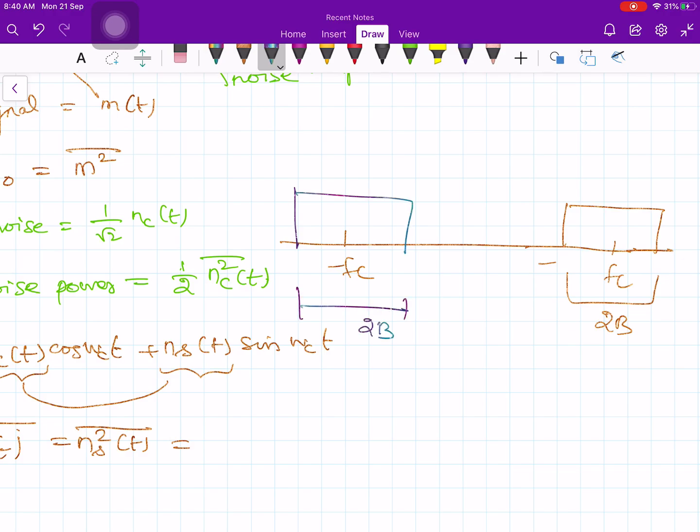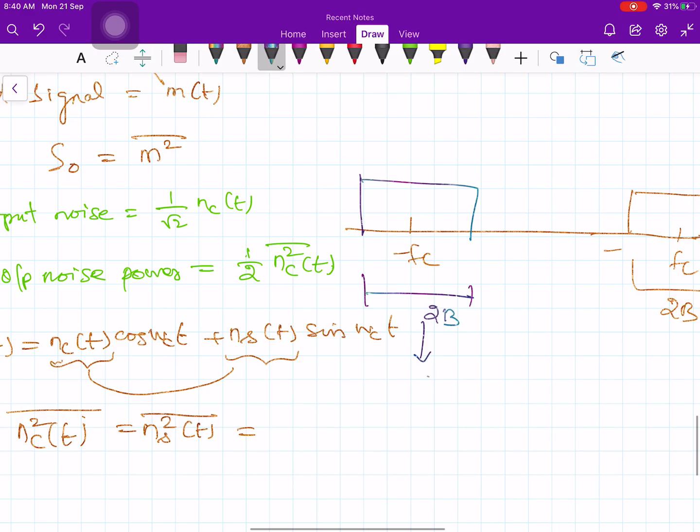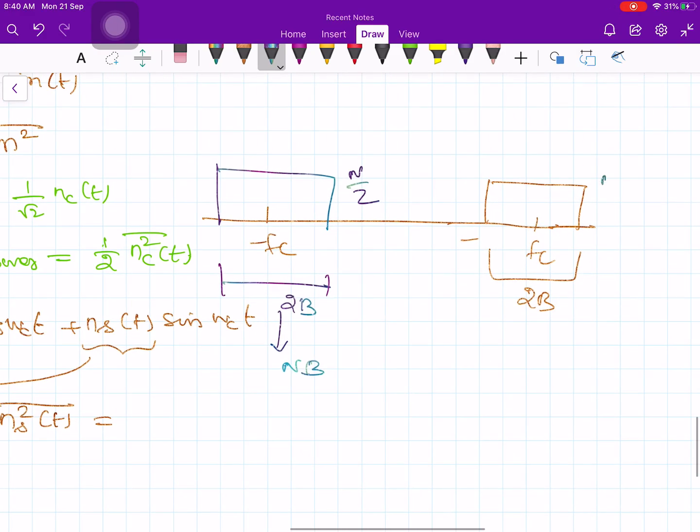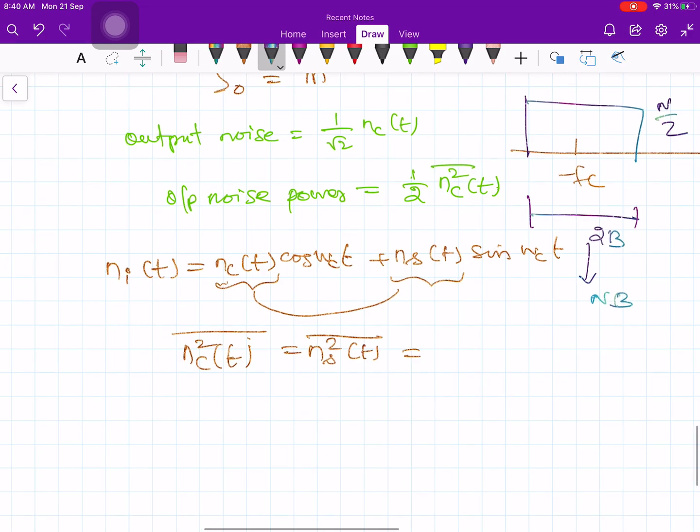Therefore in this the noise power density is n by 2, and here also n by 2, so the total noise power is 2 nb. Therefore the power of the in phase component is the same as the power of the quadrature component, equal to 2 nb. Therefore my output noise n naught is equal to 2 nb.